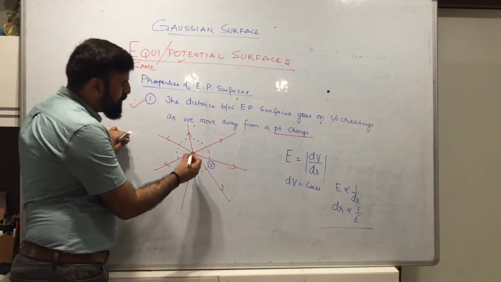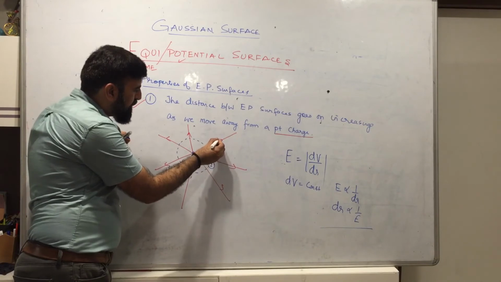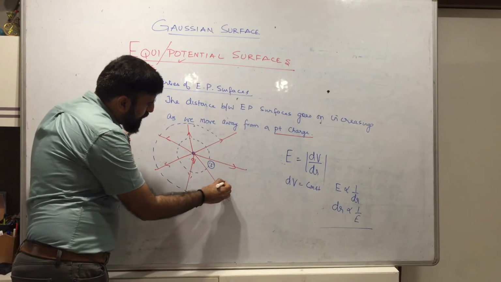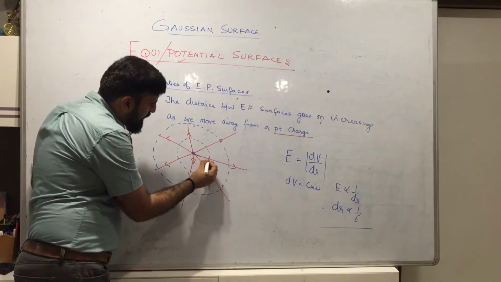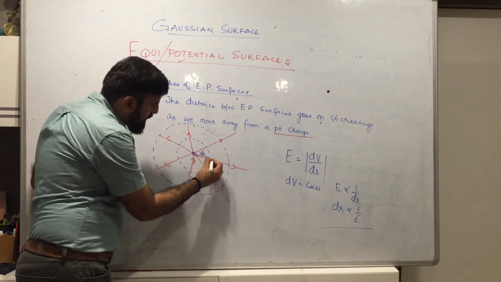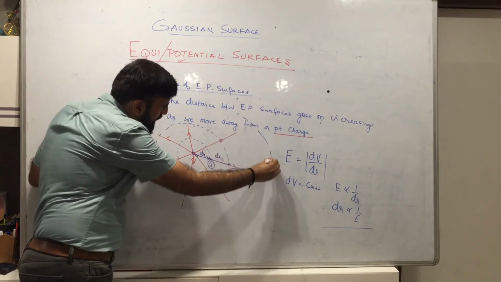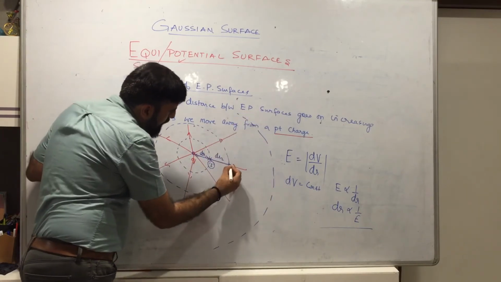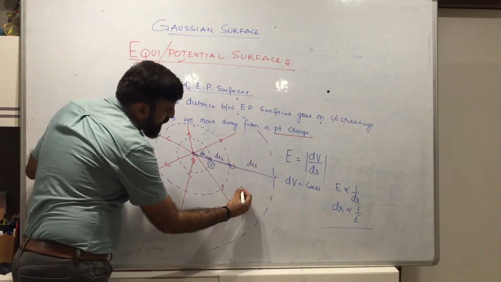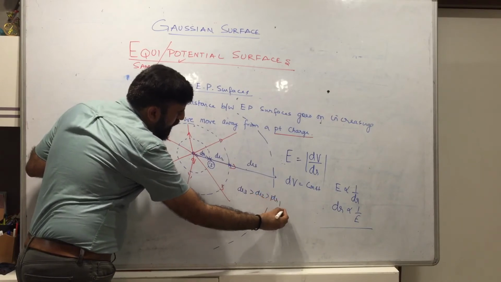If I choose another EP surface, the second one, this distance is dr1, this distance is dr2, and if I draw the third EP surface, then this distance is dr3. Very clearly, dr3 is greater than dr2 is greater than dr1.